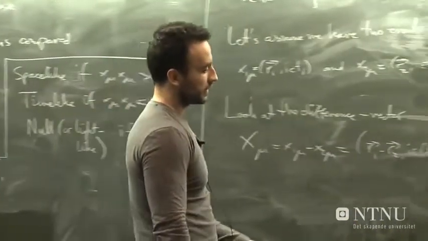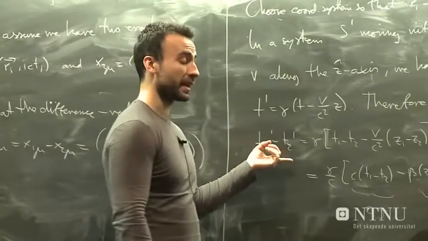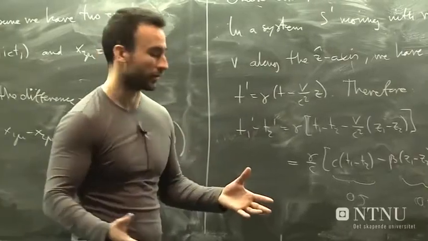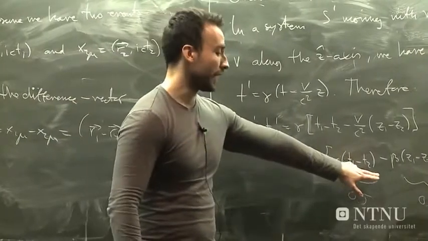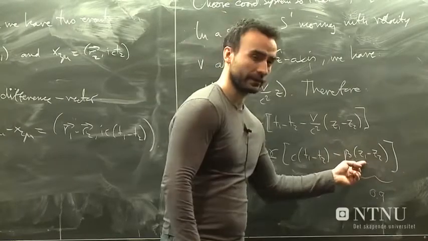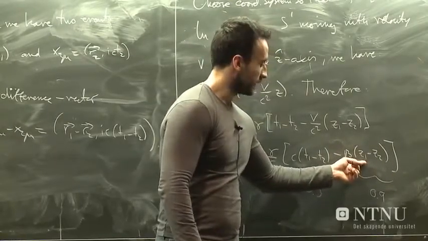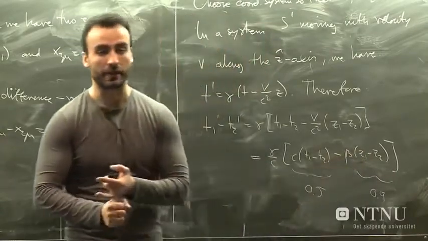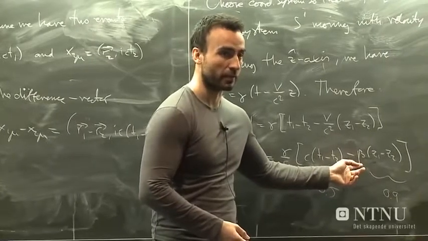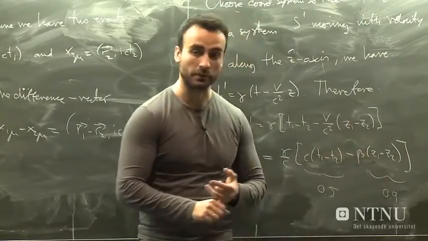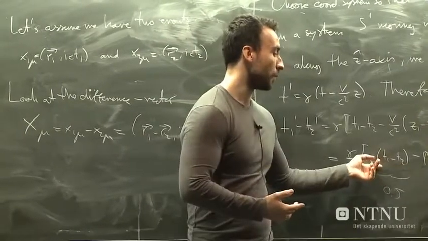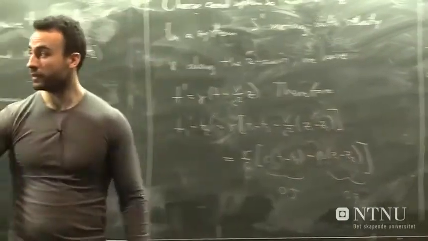So again, consider the expression for the time difference between events in a moving coordinate system, or a different inertial system. We now have that this term is always greater than this parenthesis. Now, this modifying factor takes a value from 0 to 1. So it means that the maximum value of beta multiplied with z1 minus z2 is z1 minus z2. But this term is always greater than z1 minus z2 according to that.